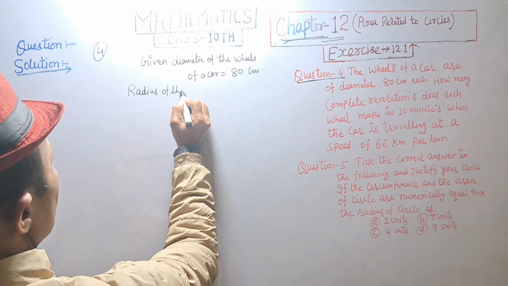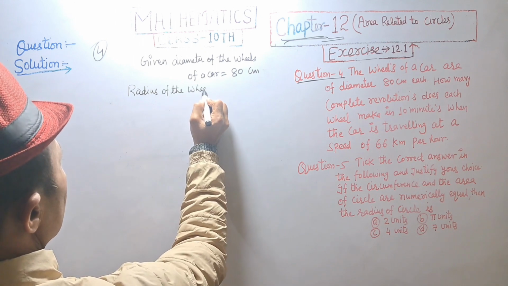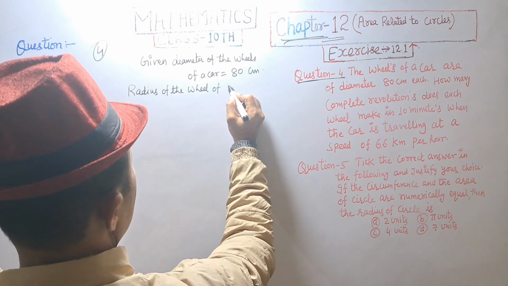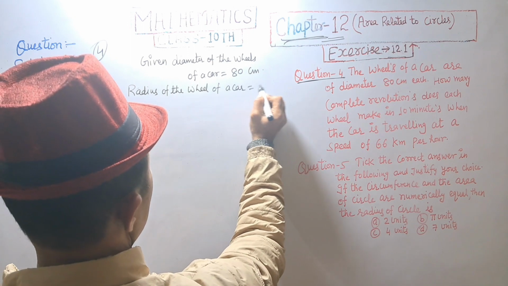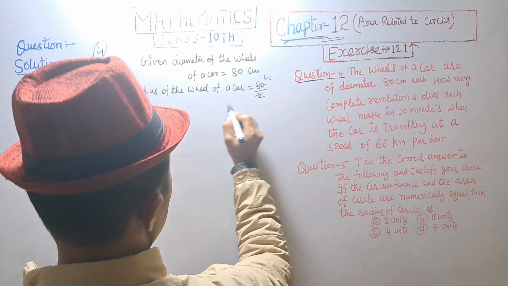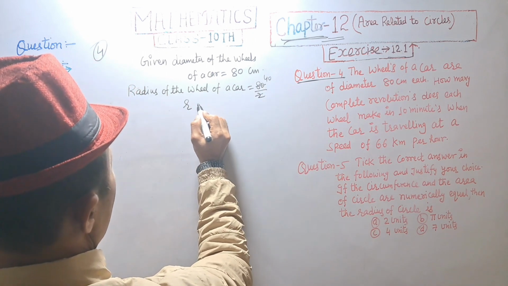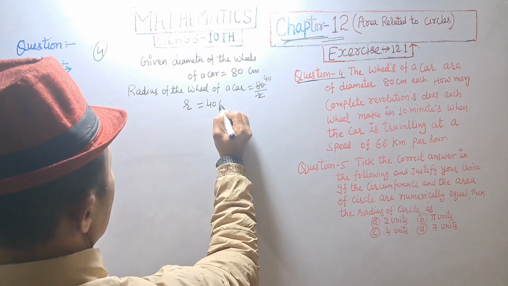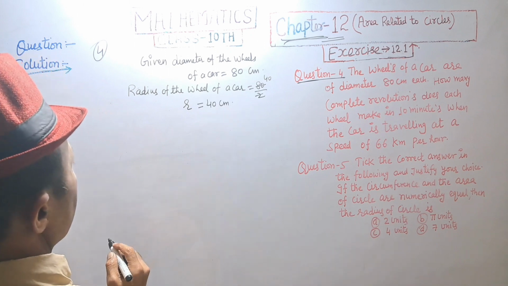Radius of the wheel of a car is equal to 80 divided by 2. R is equal to 40 centimeter.